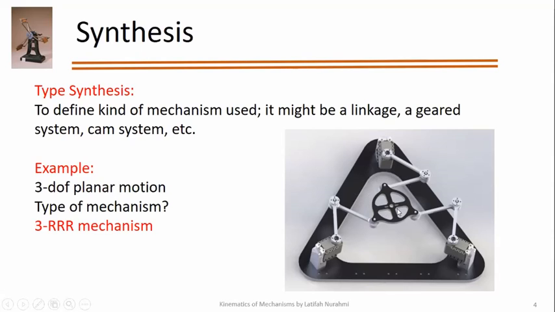Even though you can move it in other directions within that plane, it will be a closed workspace in a plane. So this is one example of a type of mechanism. For synthesis, what kind of motion do you want here? You want the motion to be in a plane, and that motion is controlled by this 3RRR mechanism.